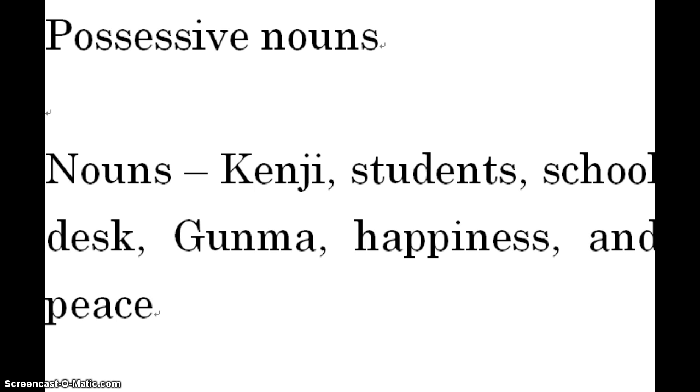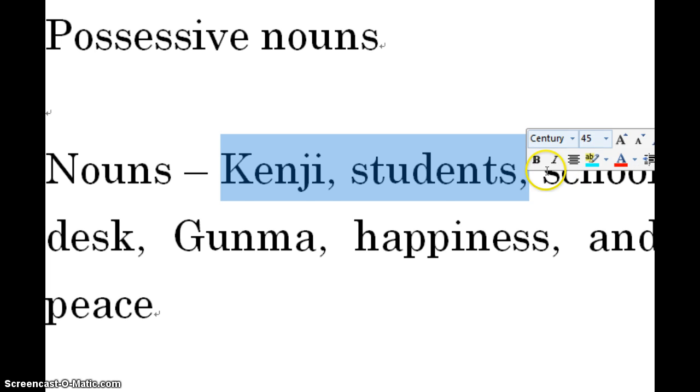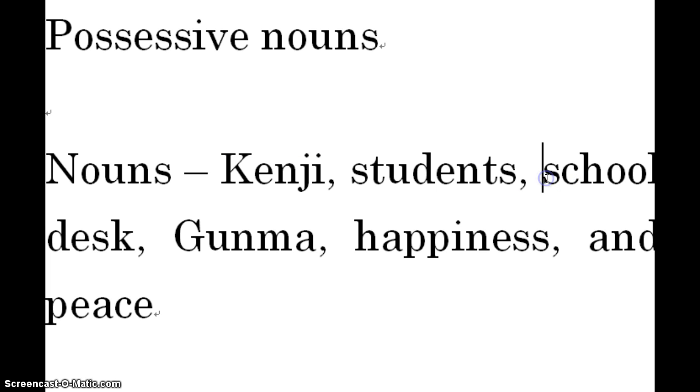They are all examples of nouns since they are all either a person, so for example Kenji and students, okay, they are people, right? And school, Guma, they're places, desk is a thing, and happiness and peace, they are ideas. Okay, so these are all nouns.